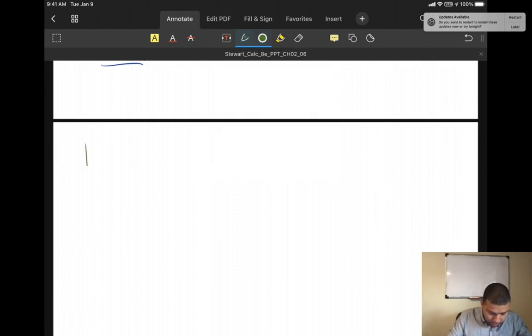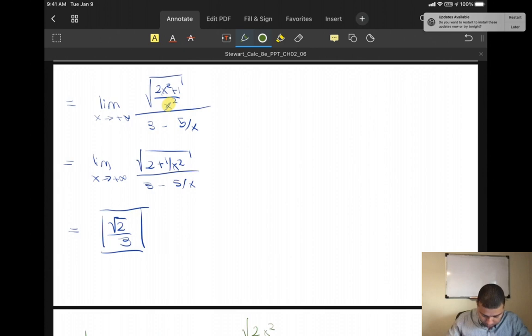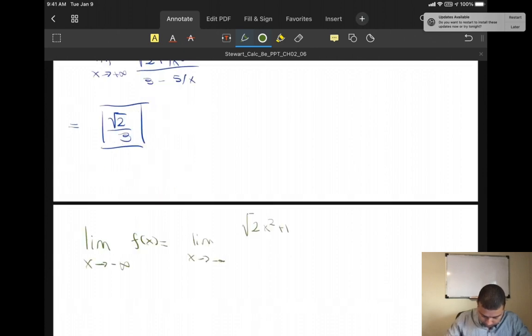So I'll go the limit x goes to minus infinity. So x is very large now, but it's negative. So like minus 1,000, a billion, a trillion, whatever. So that will be the limit. X goes to minus infinity. Square root 2x squared, I forgot, plus 1, over 3x minus 5.